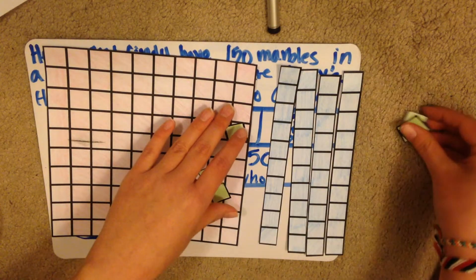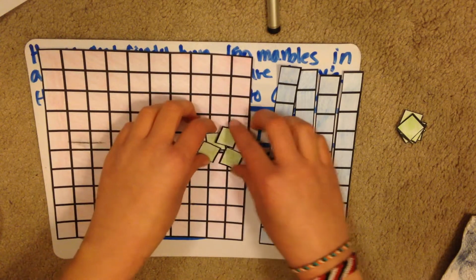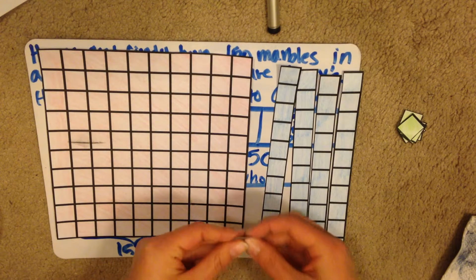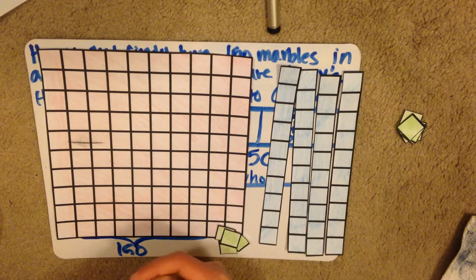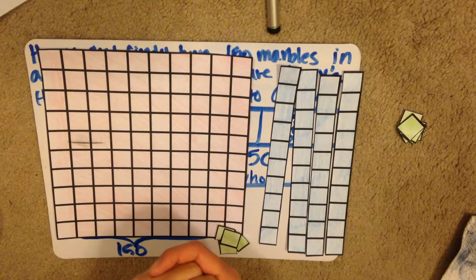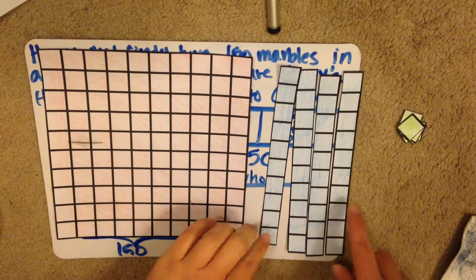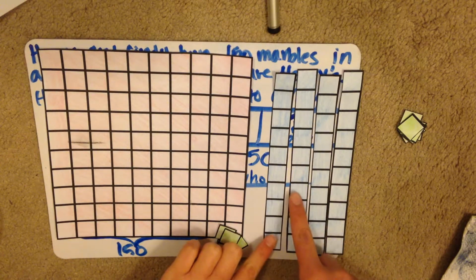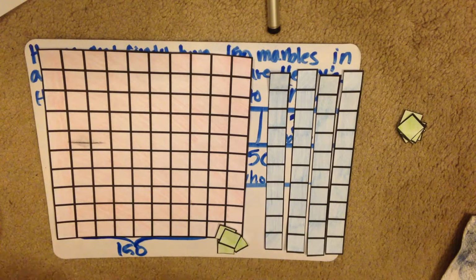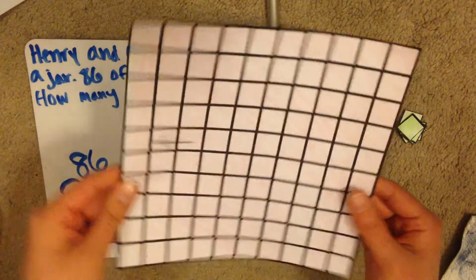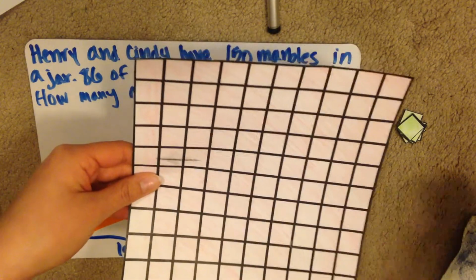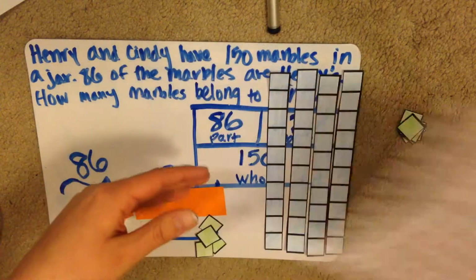Those are Henry's. Now that we've done our units, we have to go ahead and do our tens. So we know that Henry needs 8 longs because there's 8 tens in 86. So let's go ahead. We know we have 1, 2, 3, 4. We don't have enough. So what we're going to have to do, we're going to have to regroup our 100, our flat, for 10 longs.